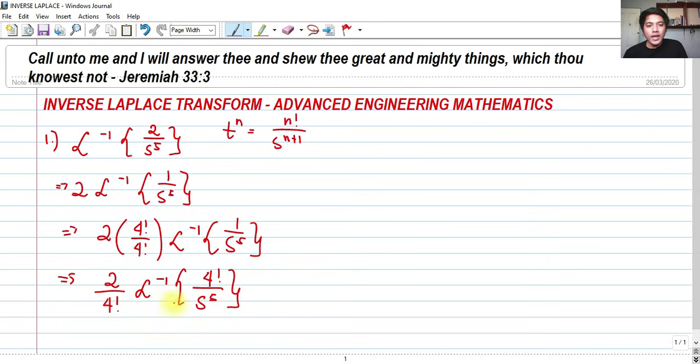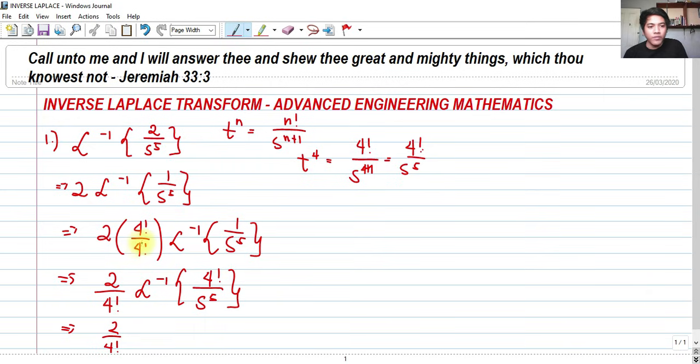Technically, this is now t raised to 4, because the Laplace transform of t raised to 4 is 4 factorial over s raised to 4 plus 1, which is 4 factorial over s raised to 5. So we have 2 over 4 factorial.